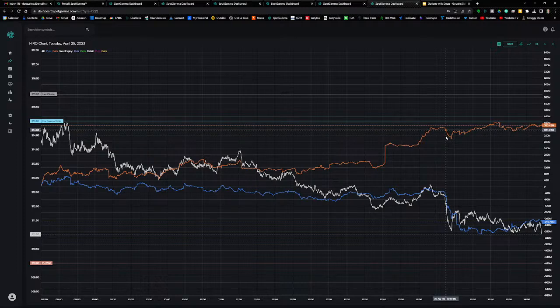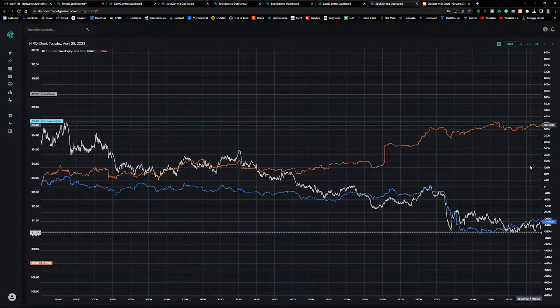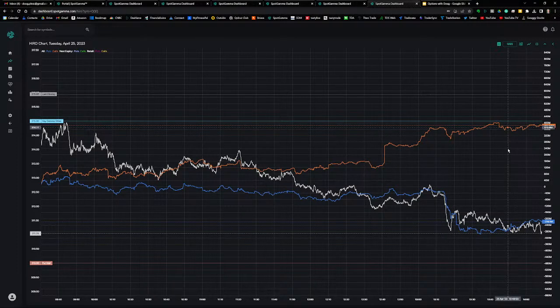So just like we saw on SPX, traders are buying puts, shown by this falling blue line. They're buying calls, and so far the call buyers are not having much influence on price. It looks like the put buyers, along with order flow, are helping to drive price lower. All right, so that's QQQ.